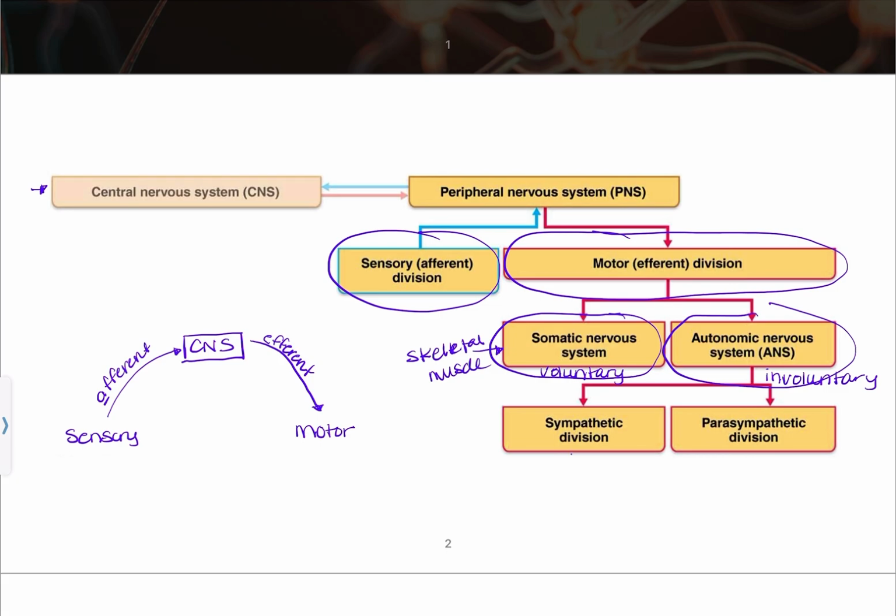Our involuntary nervous system, or ANS, is further broken down into two subdivisions. And we have our sympathetic division and our parasympathetic division. The sympathetic division is fight or flight. And the parasympathetic division is rest and digest.